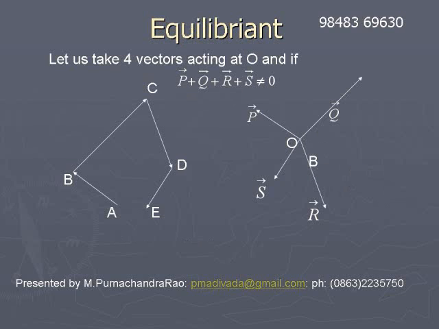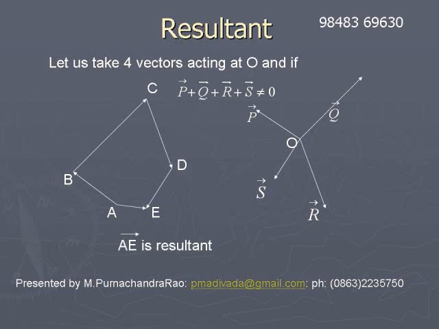If P bar, Q bar, R bar, S bar are represented by AB bar, BC bar, CD bar, DE bar, then the vector AE bar that completes the polygon in the reverse order is the resultant of PQRS. That means these vectors can be replaced by a single vector equal to AE bar.